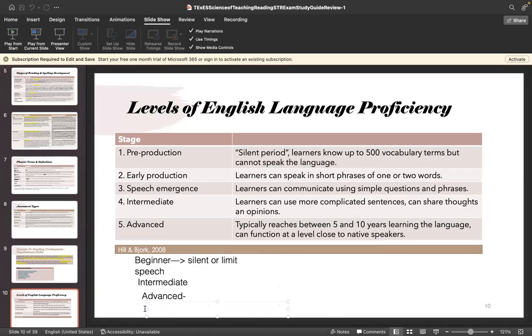And last but not least, we have advanced high. Advanced high is equal to native English speakers. I would say almost better, from my experience.